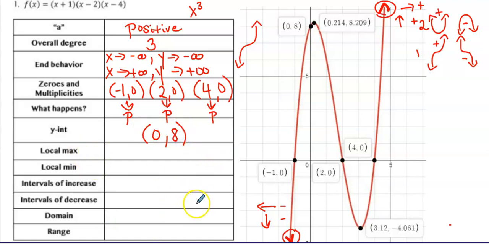For the local max, what we're looking at is this point right here, and sometimes I'll tell you to round these, but we're not going to round them here, and it is an ordered pair.